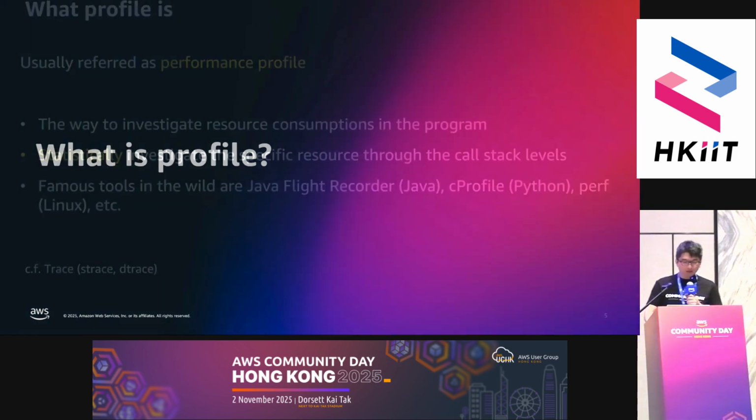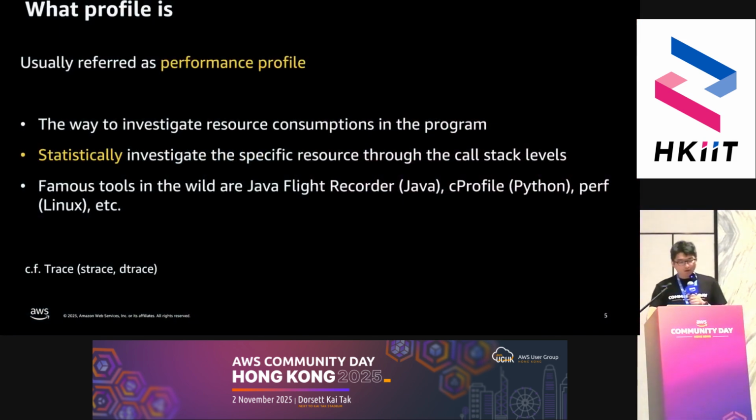Starting from what profile is. In a system, it is usually referred to as a performance profile. Profile explains how well the system is working, and also how much the system is consuming the resources of the system or the OS.